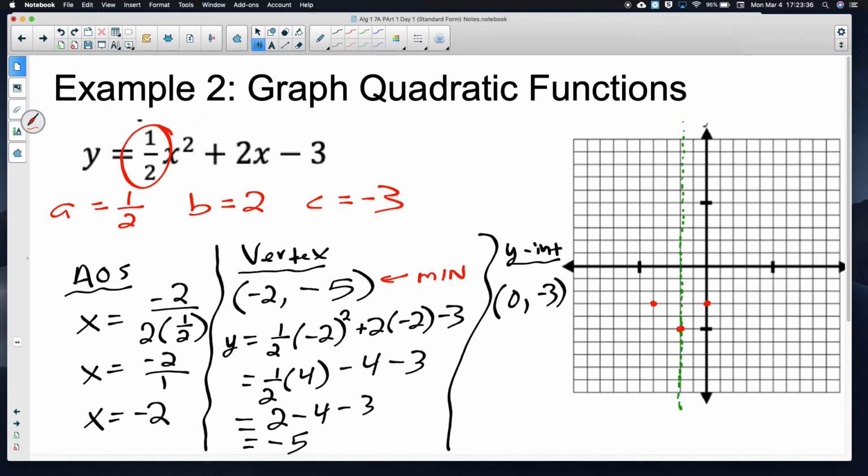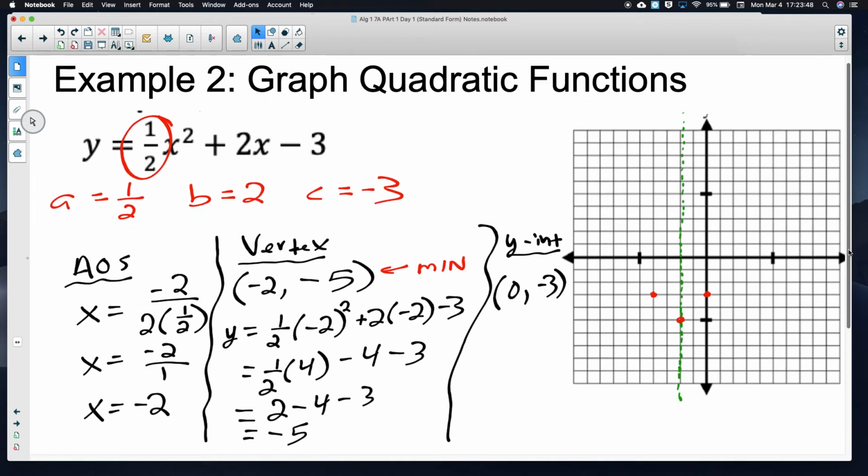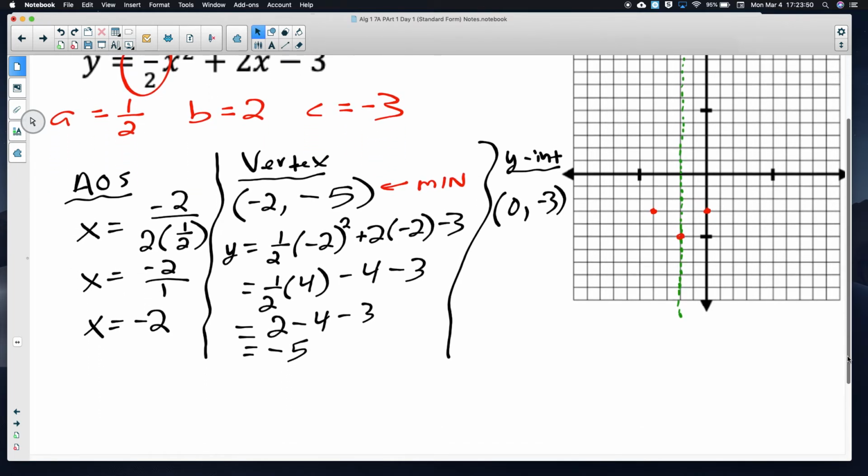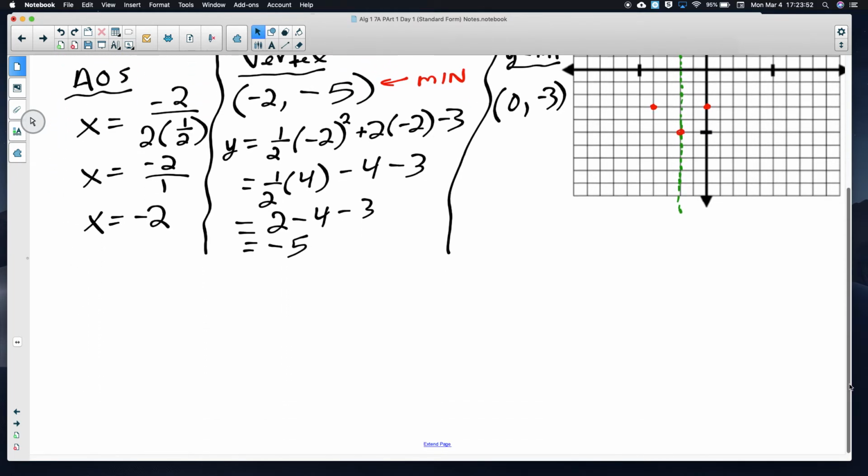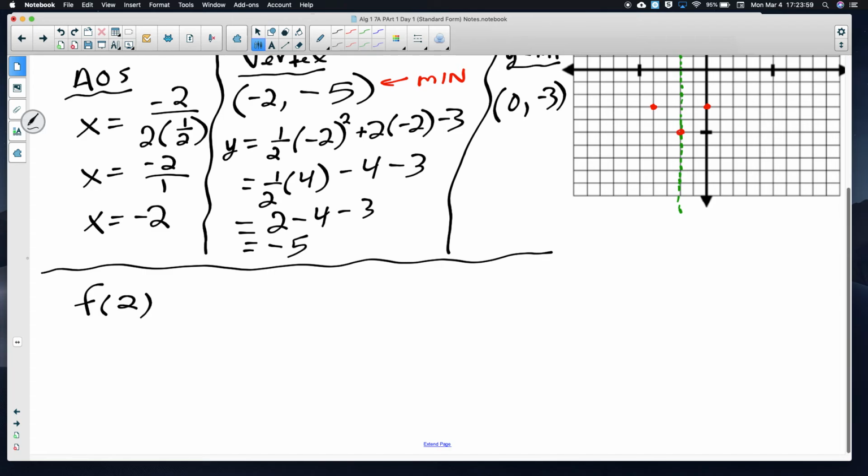And now I just got to figure out what else do we want to plug in. Well, I'm going to have to multiply it by a fraction of a half. So I want to think smart about this. I'm going to plug in an even number. So we already plugged in -2. Let's plug in 2. Let's see what we get. So if I find f of 2, I'm going to do 1/2 times 2 squared plus 2 times 2 minus 3.